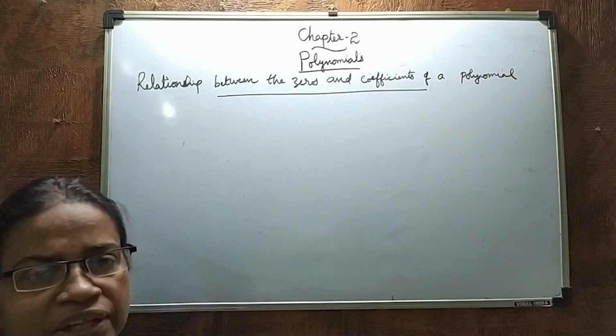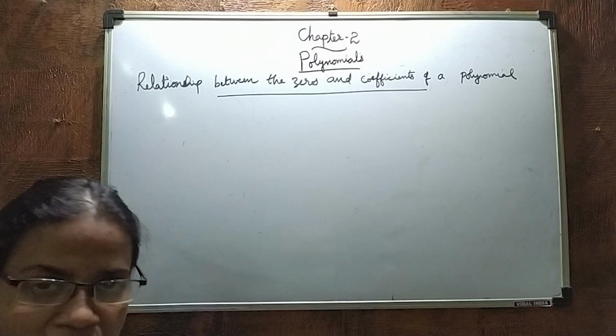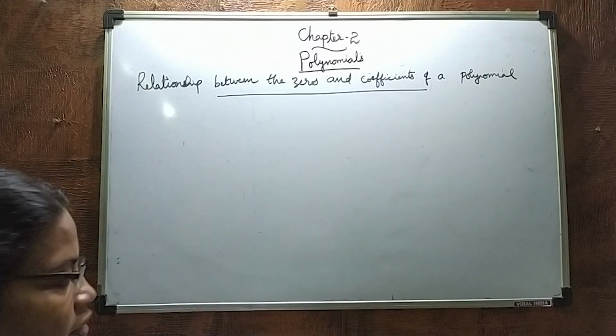Relationship between the zeros and the coefficients of a polynomial. So then important points you have to write.